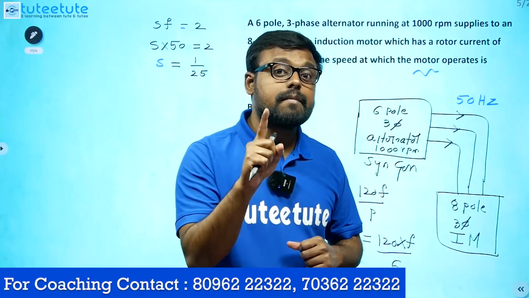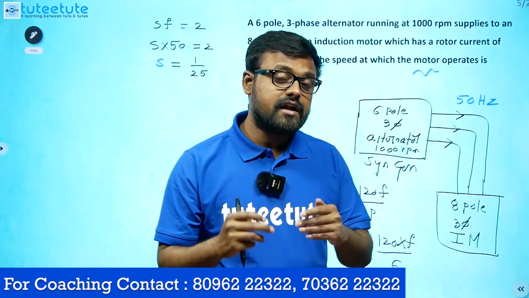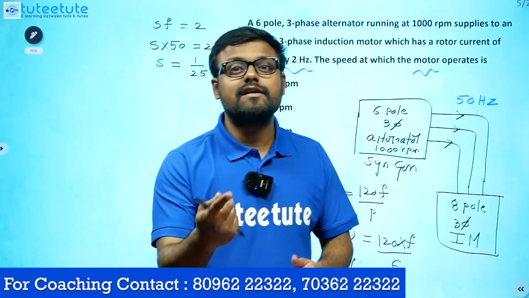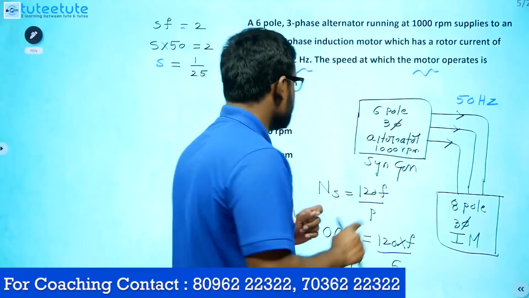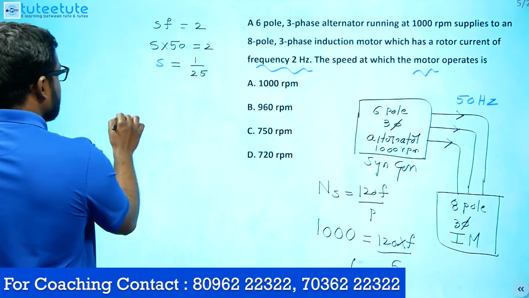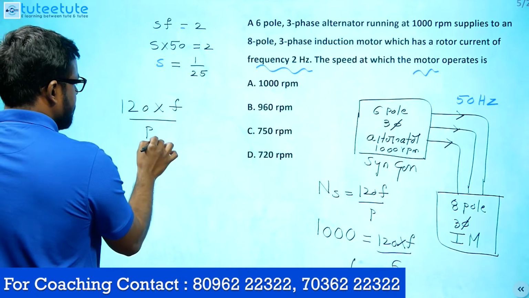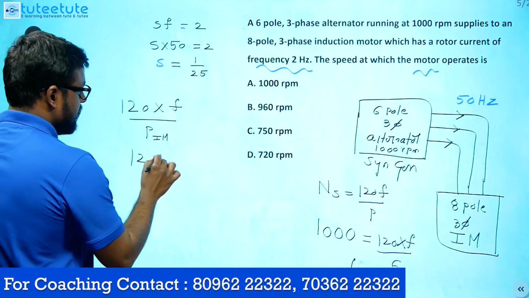Then the rotating magnetic field is generated. Now this rotating magnetic field rotates at the synchronous speed. Then what is the synchronous speed of the rotating magnetic field here? The synchronous speed of the rotating magnetic field is 120 F by P, where P is the number of poles of the induction machine. Therefore this is 120 into F.